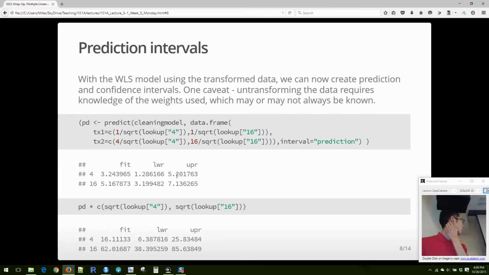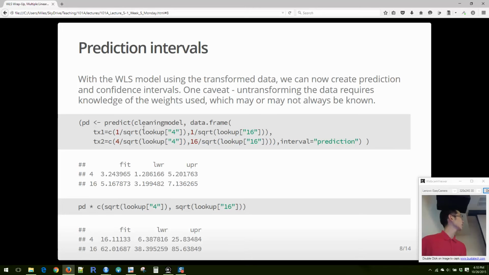So to untransform, you need to have an estimate, a knowledge of the weight that you should use. If we were to create a prediction interval for 14 or something where we don't have data, then we couldn't do it, because we don't know what weight would have been used in that circumstance. I guess you can kind of try to infer it between values.